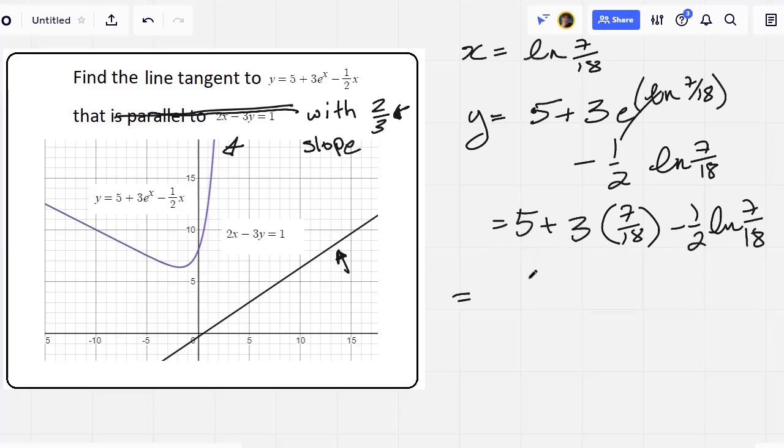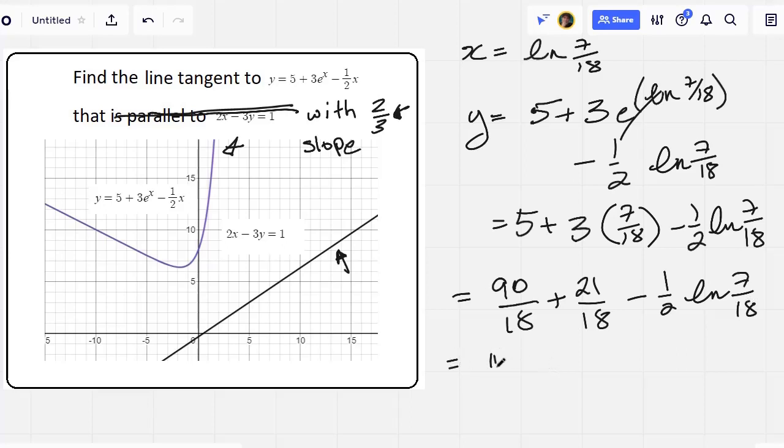We end up with 5 is 90/18 plus 3 times 7 is 21/18 minus 1/2 a log of 7/18. Now we'll put together these two fractions: 90 plus 21, that's 111 over 18, minus the ever familiar 1/2 log of 7/18.